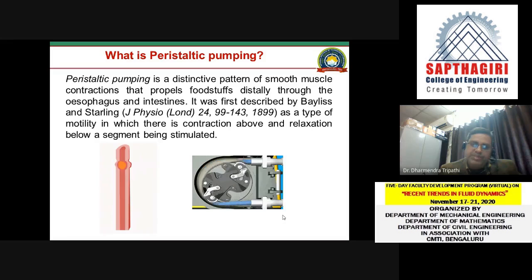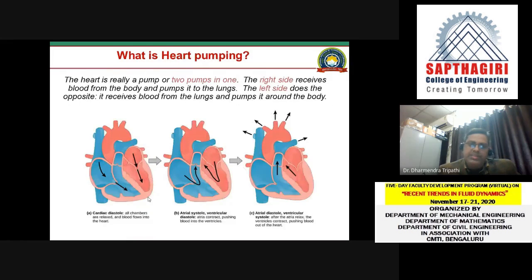The concept behind this type of pumping is related to the natural pumping phenomenon. Another type of pumping in our body is heart pumping, and this is the complete process of how the heart pumps and how our blood moves from the heart to our body. The first process is cardiac diastole, then atrial systole, then atrial diastole.